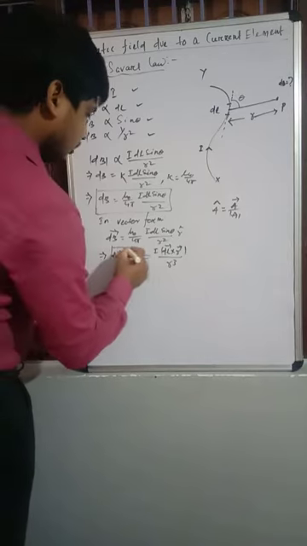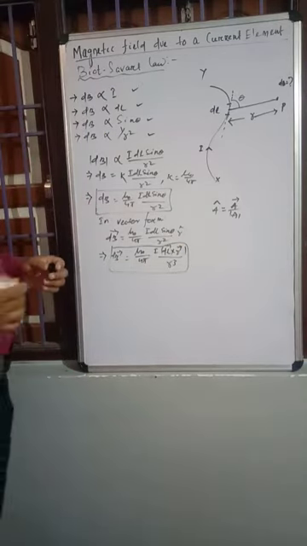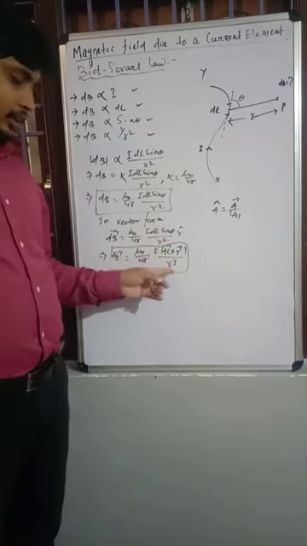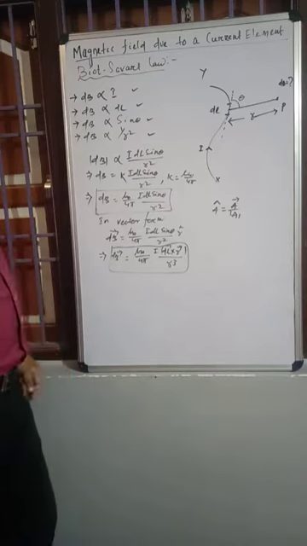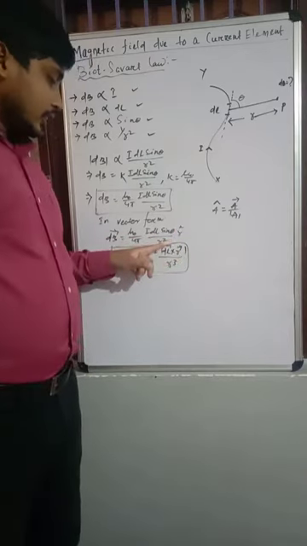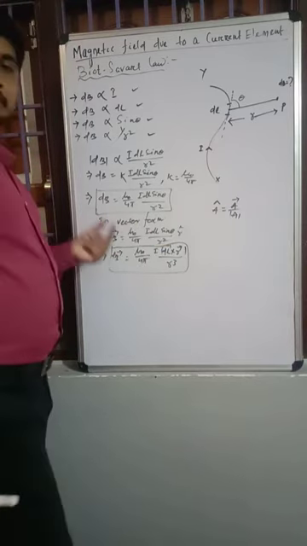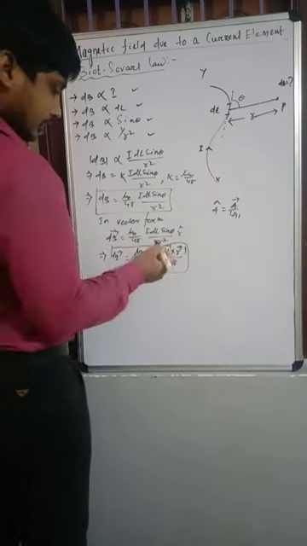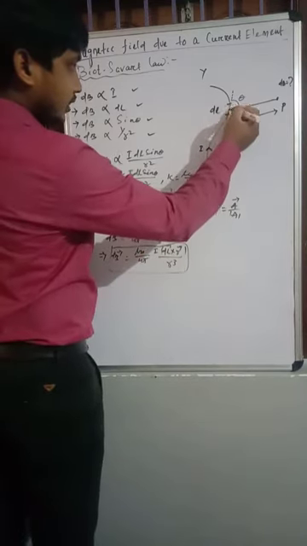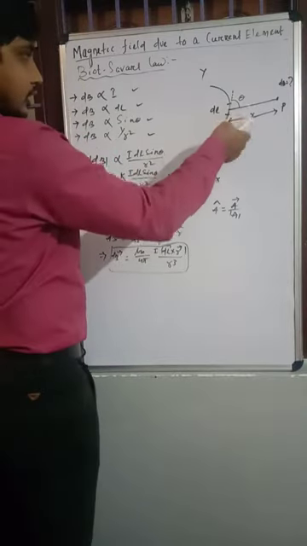Directly I am writing, dB will be equal to mu naught by 4 pi I dl cross r divided by r cube, because this r cap will be r vector by r magnitude, so here it becomes r cube. And we know that a cross b is ab sin theta. So you can see that here r and dl are there. This is r and this one is dl. In between them the angle is theta. So this is the cross product of dl cross r.